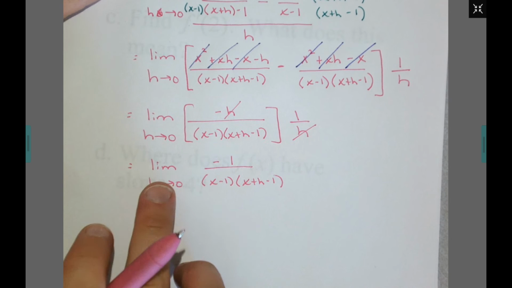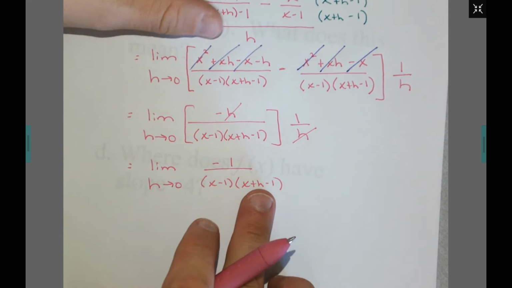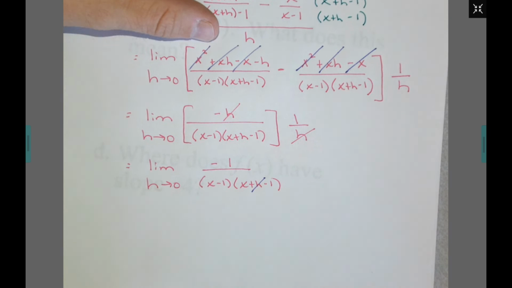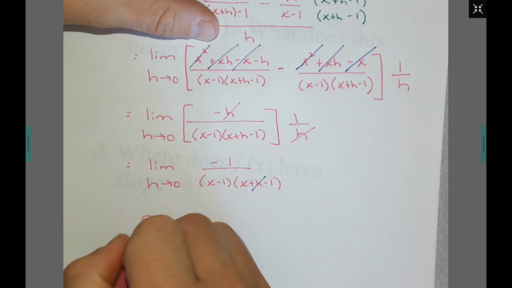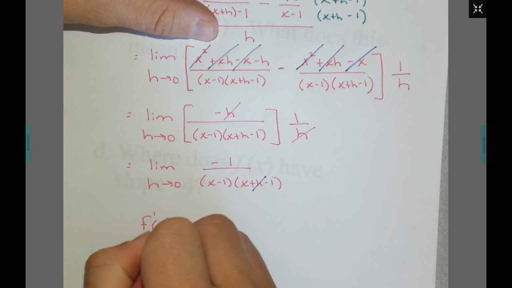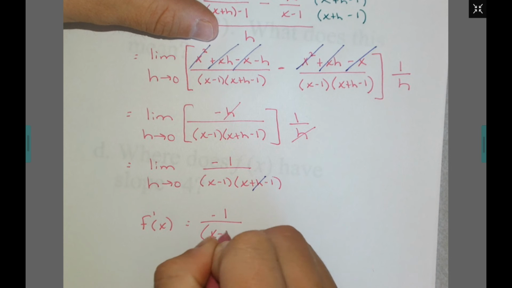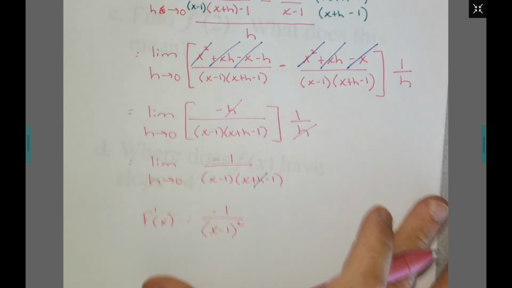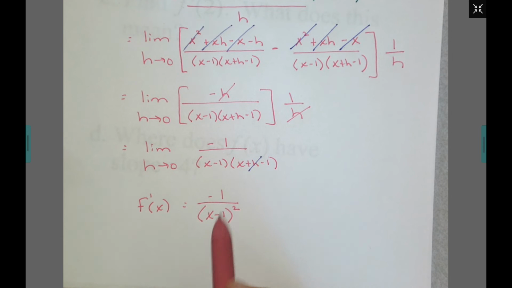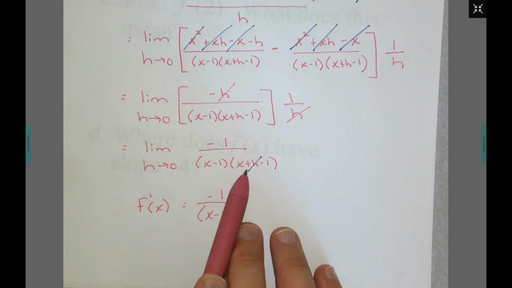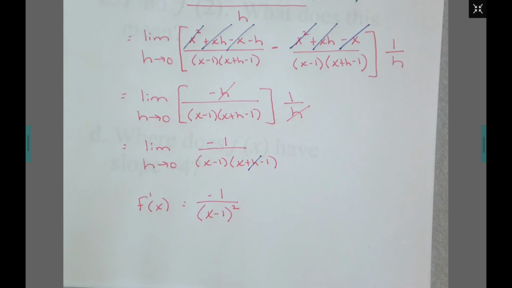At this point, we can go ahead and plug 0 in for h. When we do so, this 0 is the only one that goes away. So we are left with our derivative being f prime of x equals negative 1 over x minus 1 squared. The reason the x minus 1 is squared is because the factor shows up twice. I got an x minus 1, x minus 1.